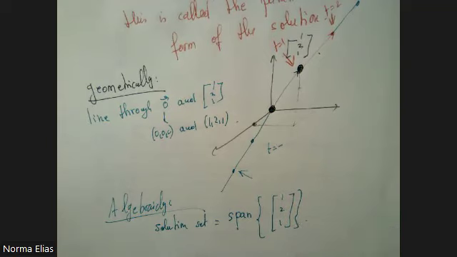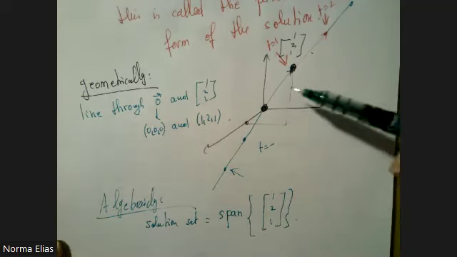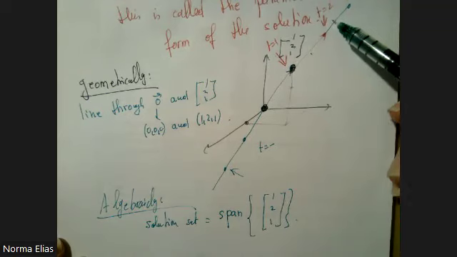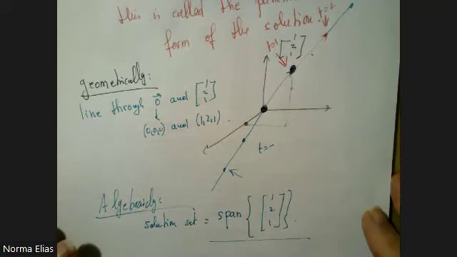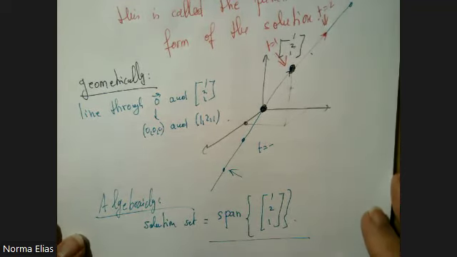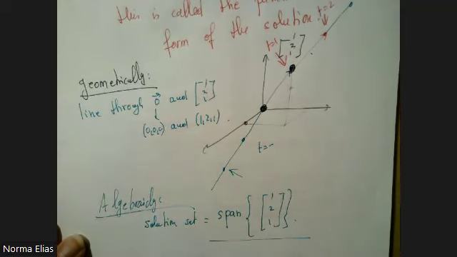A linear combination of one vector means every scalar multiple of the vector. So we were able to see the solution in two different ways. Geometrically it is a line, and algebraically it is the span of one vector. And we know that 0 is always a vector in the span. Please ask questions and try to be with me as much as you can.